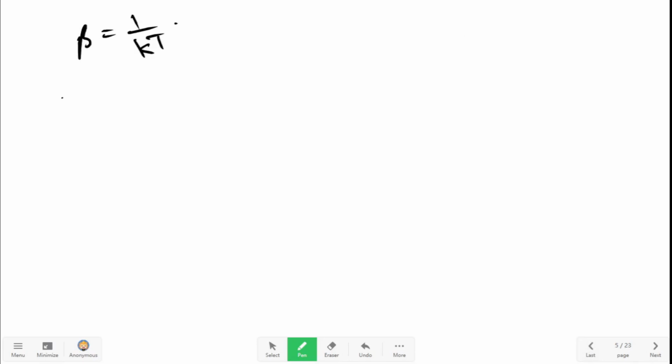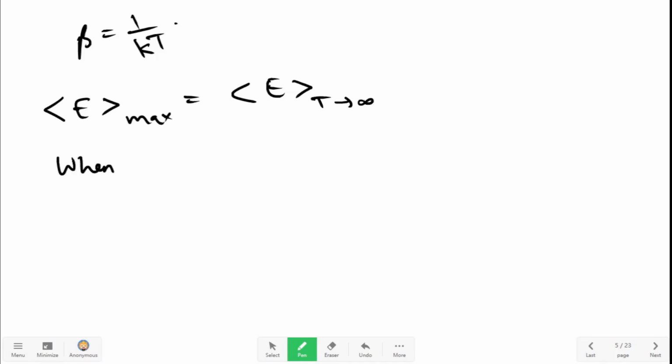Now to get the maximum average energy, we can take the high temperature limit. That is when T is tending to infinity. Now when T tends to infinity, all states become equally probable.